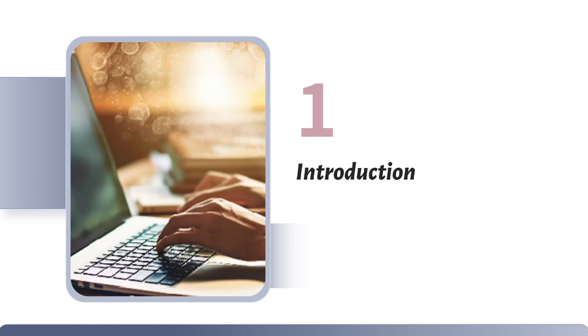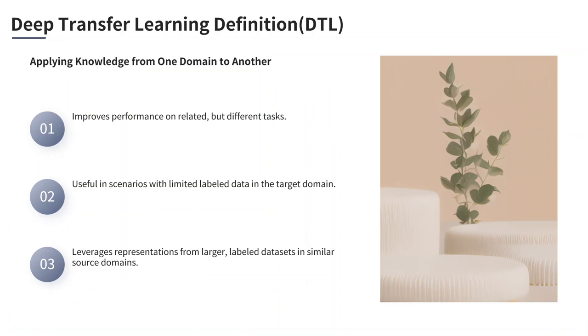This is particularly useful when there's a lack of labeled data in the target domain, in this case being image recognition, versus having solid data sets as we're used to having. It allows models to leverage learned representations from a larger labeled data set from a similar source domain, is basically the premise of it.